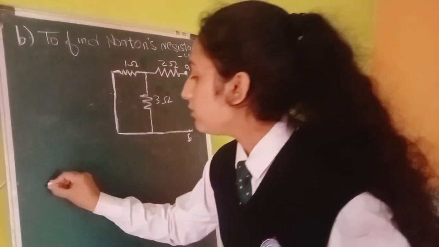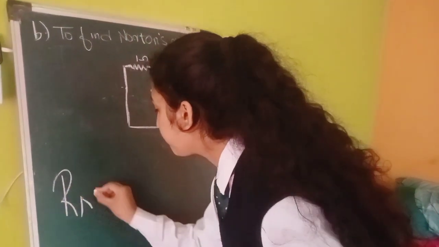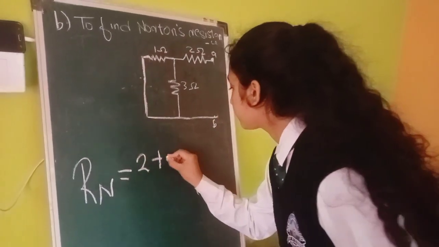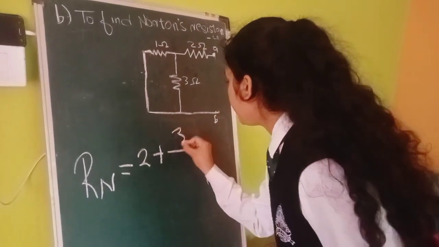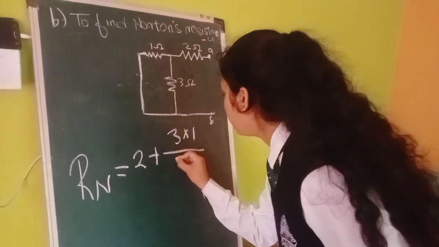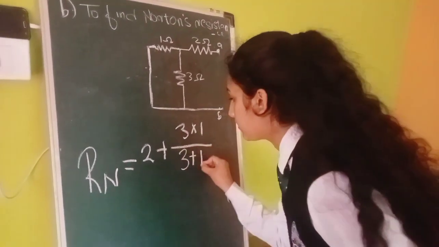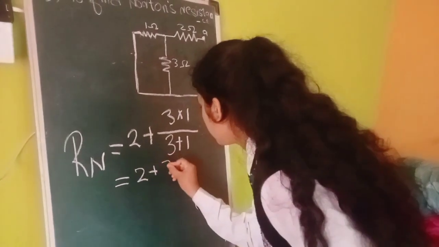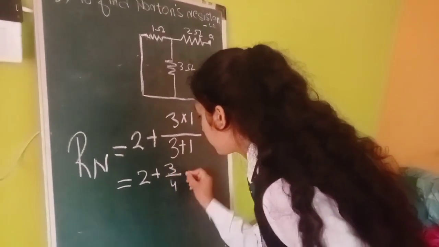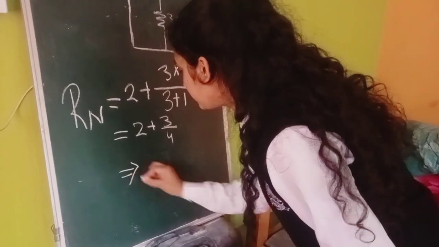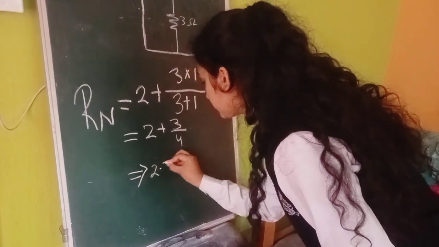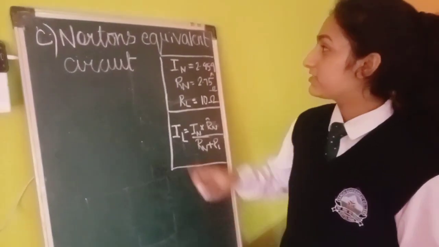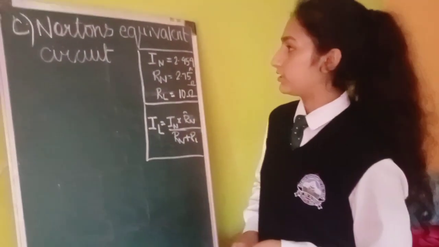Therefore, the value of Rn will be 2 plus 3 into 1 whole divided by 3 plus 1, which is equal to 2 plus 3 by 4. After calculating, we'll get 2.75 ohm.